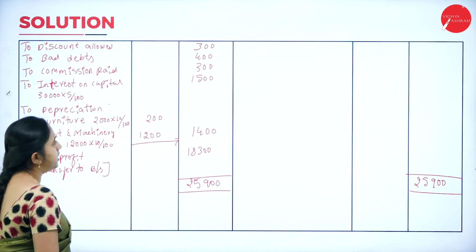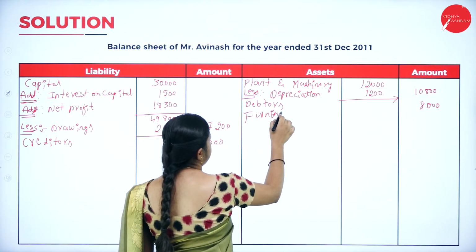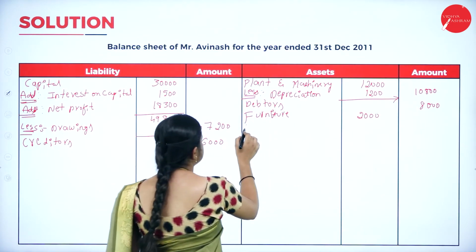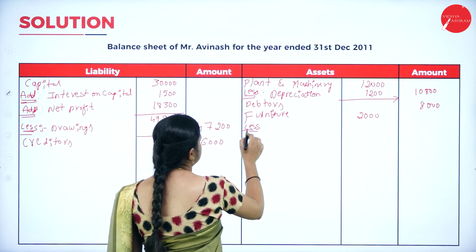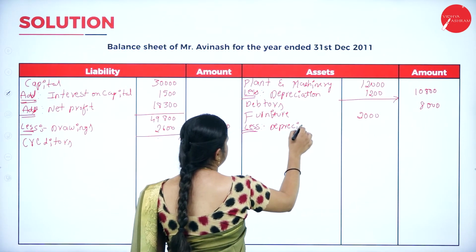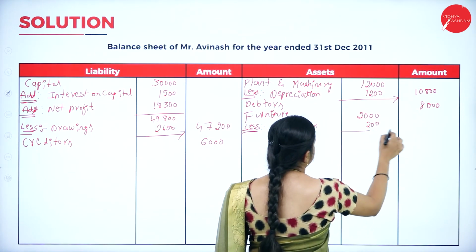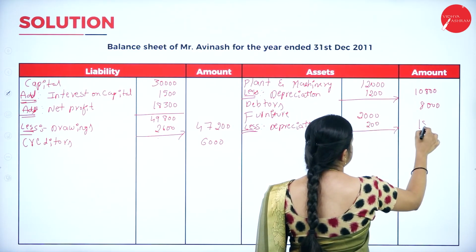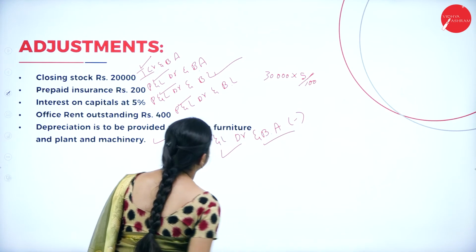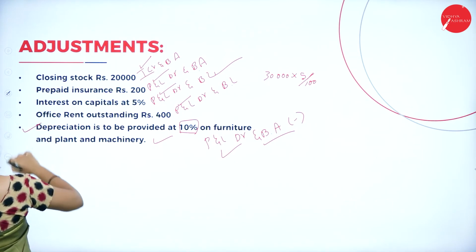Depreciation on furniture is 200. Right, furniture 2,000 less depreciation 200, 1,800 outer column. So we consider depreciation. Depreciation is over. Then interest on capital.